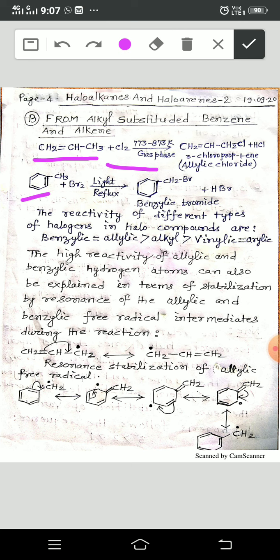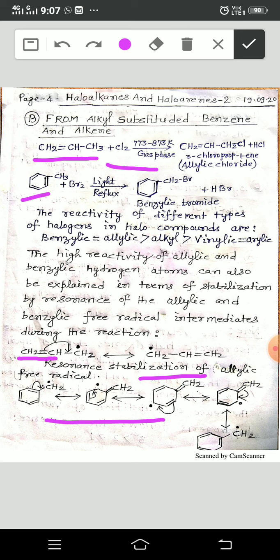So, what happens in free radical substitution reaction? First, a free radical forms. And you know that tertiary free radical is more stable than secondary, and secondary is more stable than primary. That's why if the radical formed gets stabilized through resonance, then this reaction takes place at fast speed.